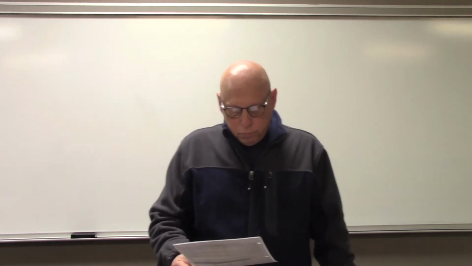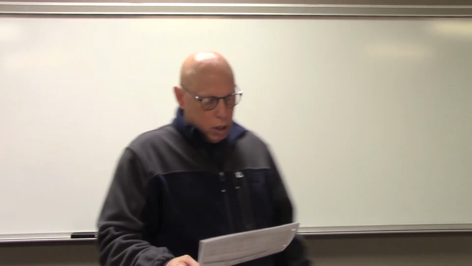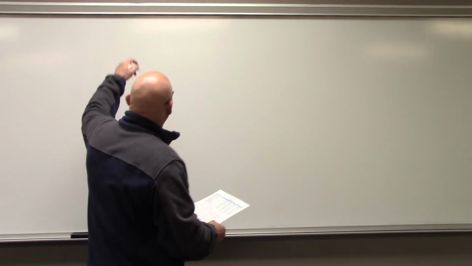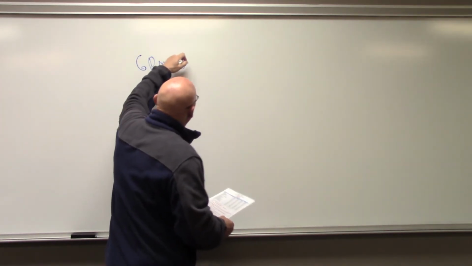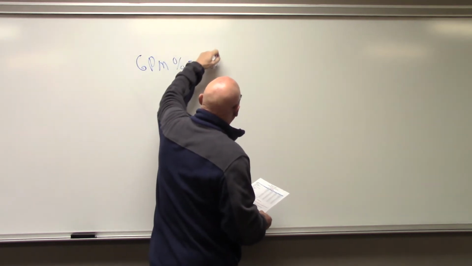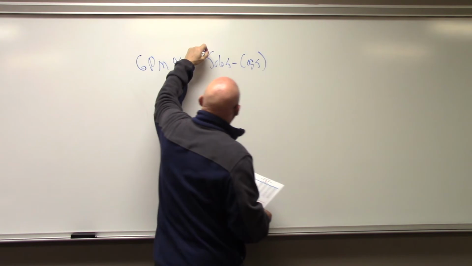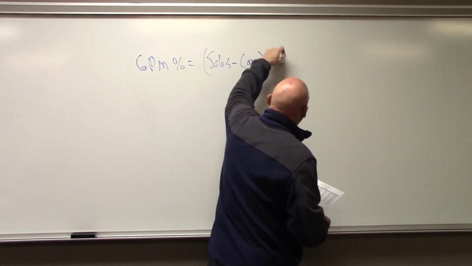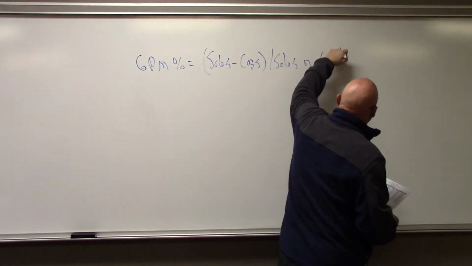All right, list the formulas for the following three profitability ratios. So gross profit margin percentage, GPM percentage equals sales minus cost of goods sold divided by sales, or gross profit divided by sales.